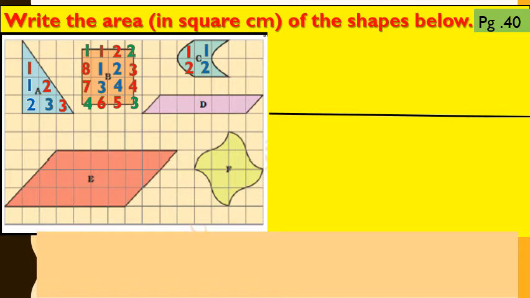Since 2 half filled squares make 1 full square, if the number of half filled squares is 10, then we will consider 10 upon 2, that is 5 squares only.